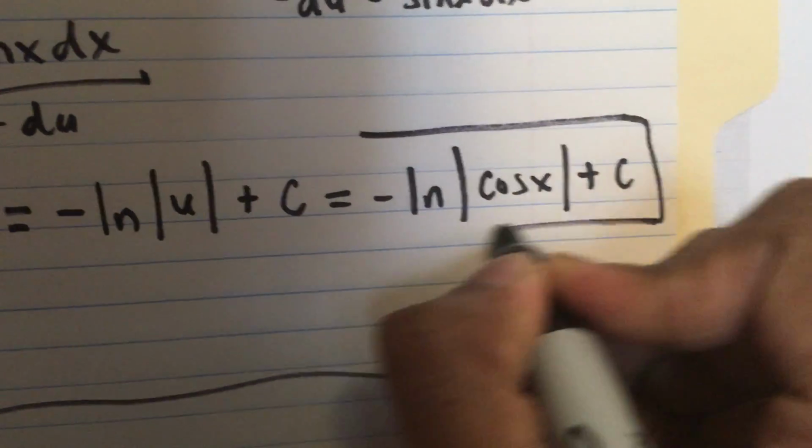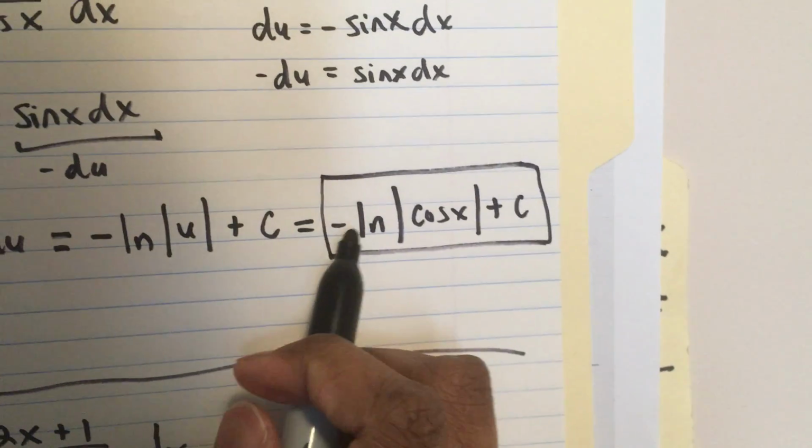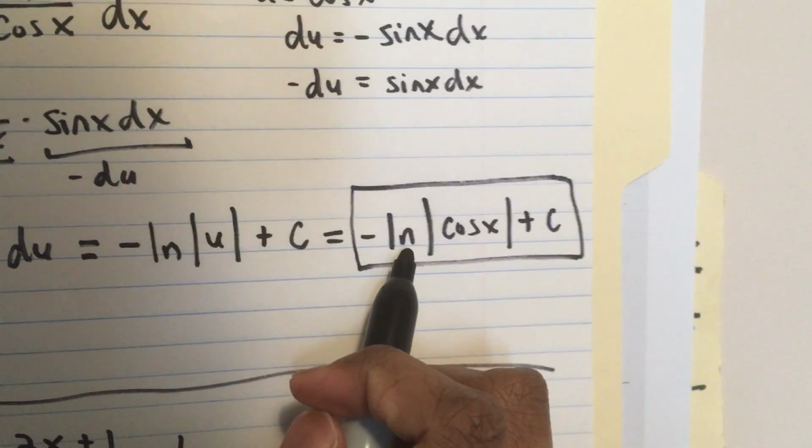Now, this is one answer that you could have. Notice we have a negative in the front of the natural log.